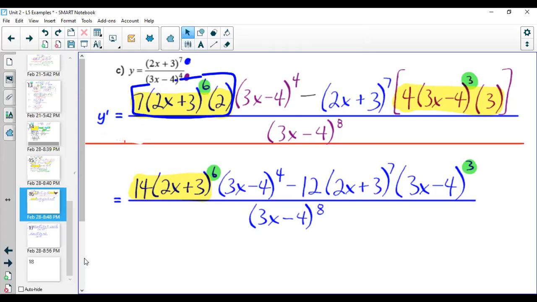So you know what, I'm going to post this, and during our class time, I would like to give you the opportunity to look through this clearly. So if there's something you don't understand, this is an opportunity for you to consult and ask questions, but pretty straightforward because we have the derivative of the numerator, and then the chain rule comes again when I have to take the derivative of the denominator.